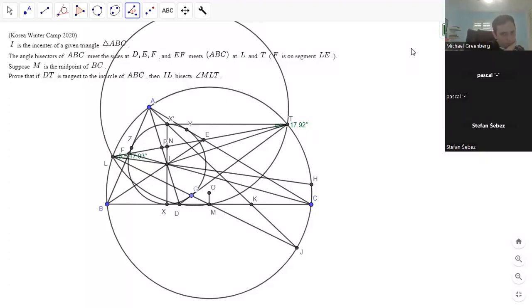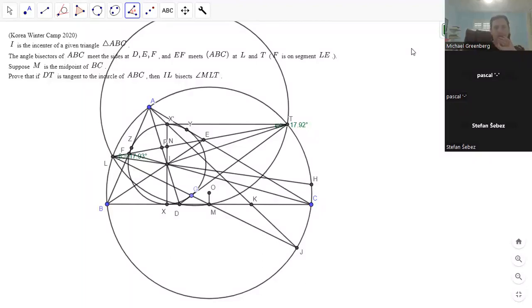Okay, so TX prime is parallel to BC, let's say that. Then X prime TD is equal to EDC. Yeah, CDT. And when you take half of it, you just get that angle we were talking about.